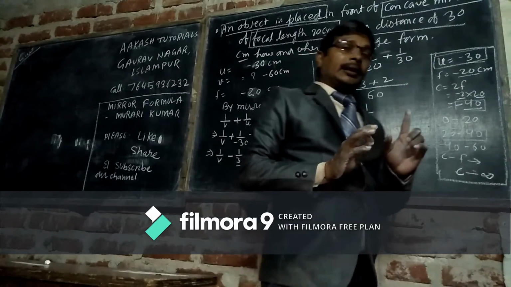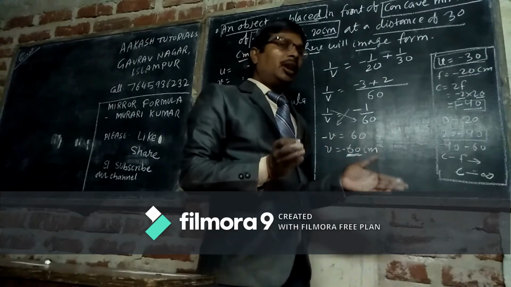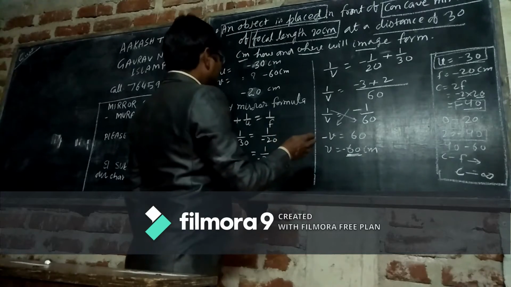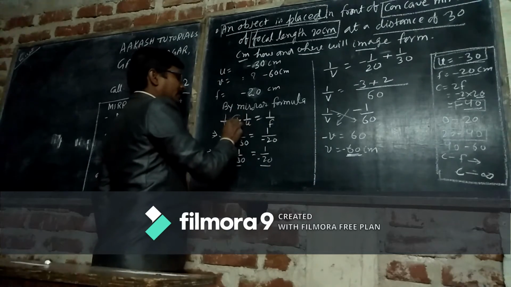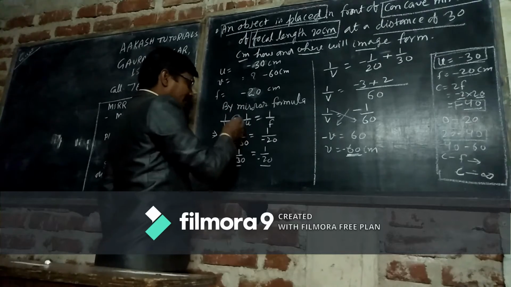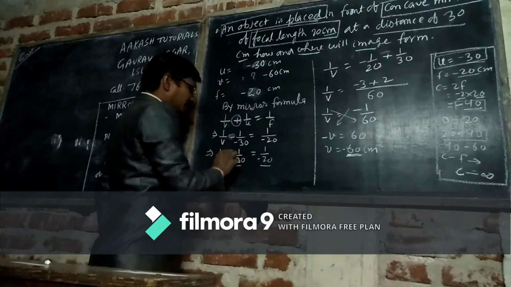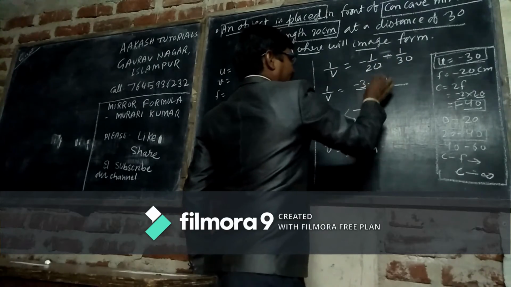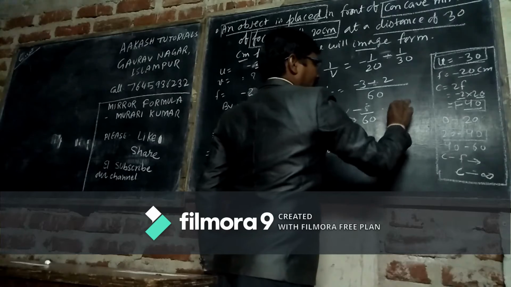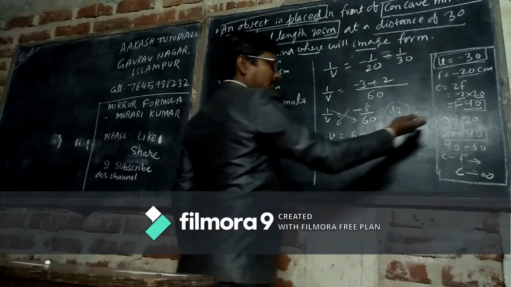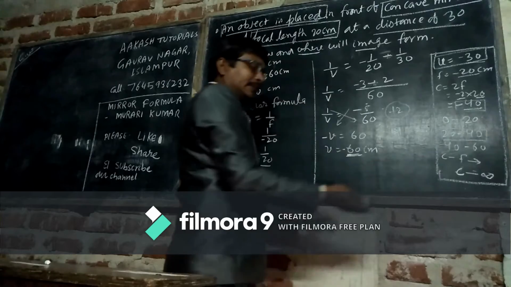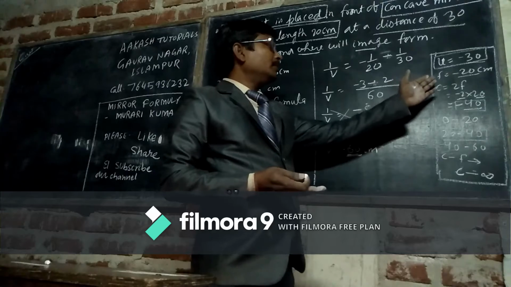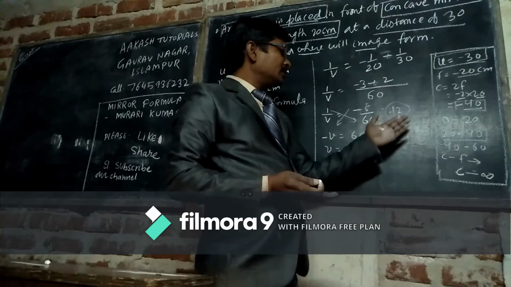Now, a question arises: how can we say that your answer is correct? Where may you commit a mistake? The first mistake is that suppose you have applied minus instead of plus, so your answer will be 12. That is incorrect, because it is in the 0 to 20 bracket. It means the image is found between the mirror and the focal length.